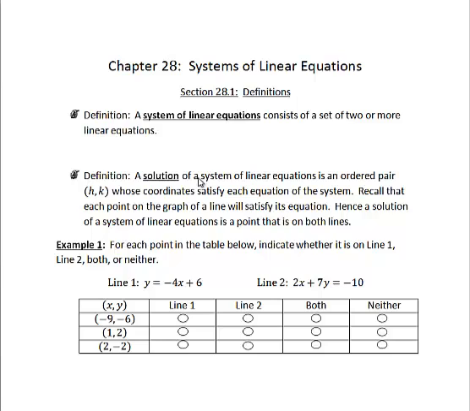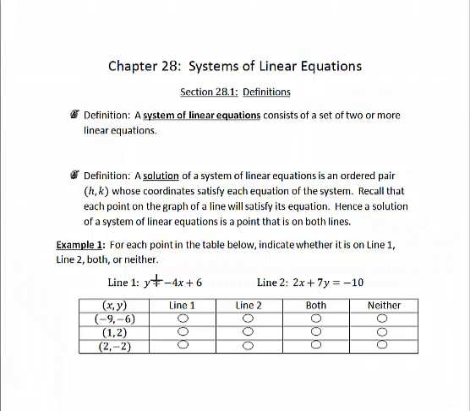In this chapter, having two equations, we want an x and y pair that satisfies both equations at the same time. That's not changing the x and y. The numbers x and y that work for one also work for the other. And later we'll see what that works out to graphically.